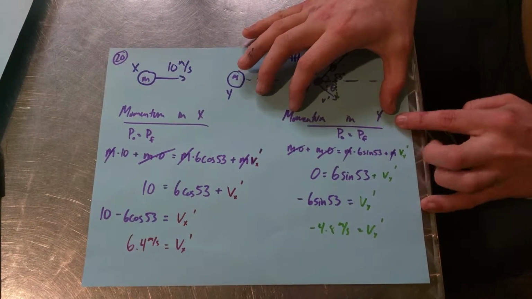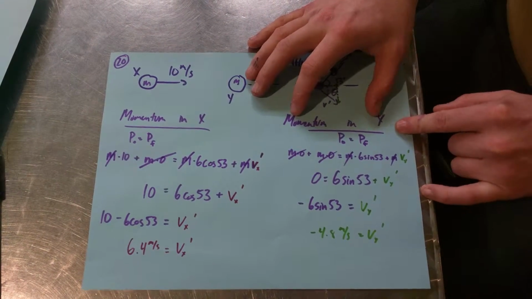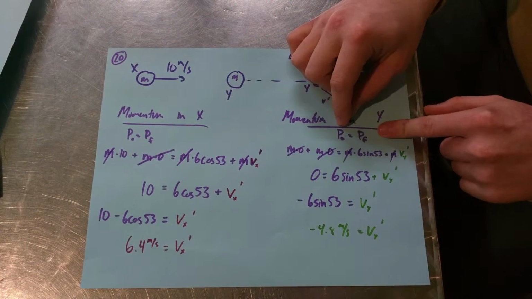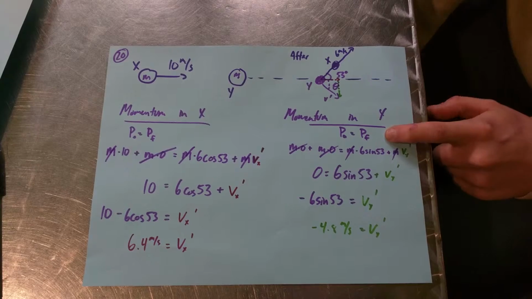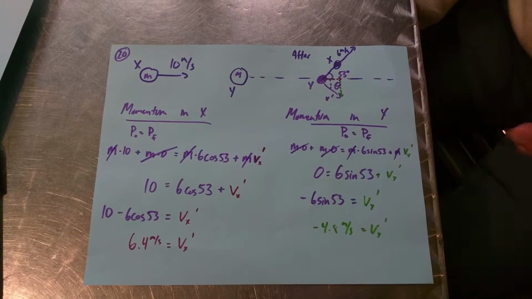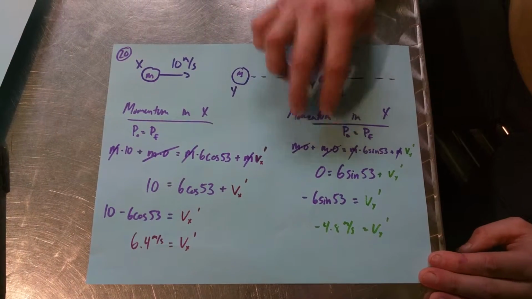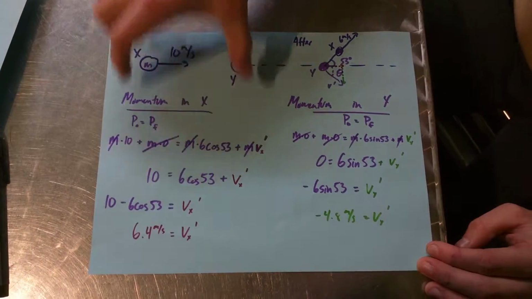Now I move over to the y in order to get the velocity of ball y in the y direction. Initial momentum equals final momentum. This is the way that I start all of my momentum calculations if no net external forces are acting. But in the y direction, there's no velocity.